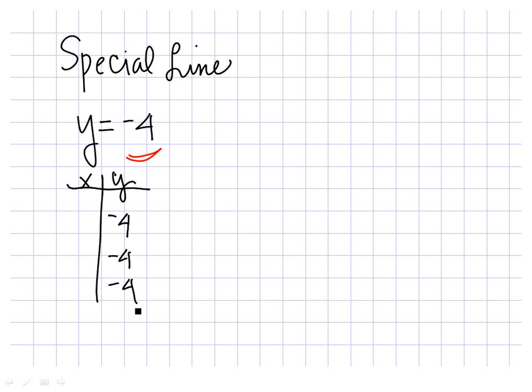Now for x, we have free range. We can plug in any number we want. I like choosing the numbers negative 1, 0, and 1. These are the points I will plot.